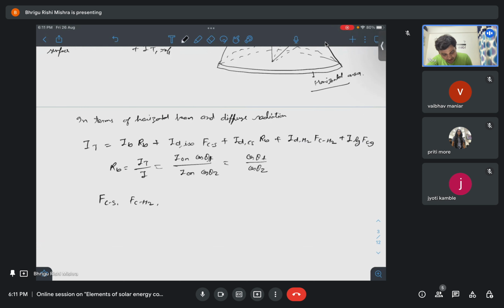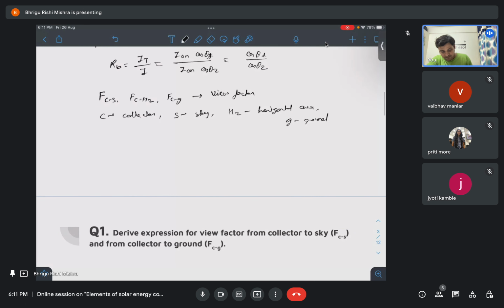FCHZ and FCG, these are called the view factors. Okay, here C means collector, S sky, HZ means horizontal area and G means ground.